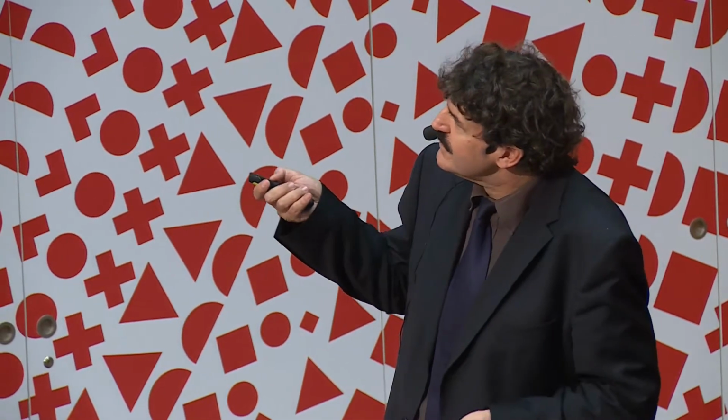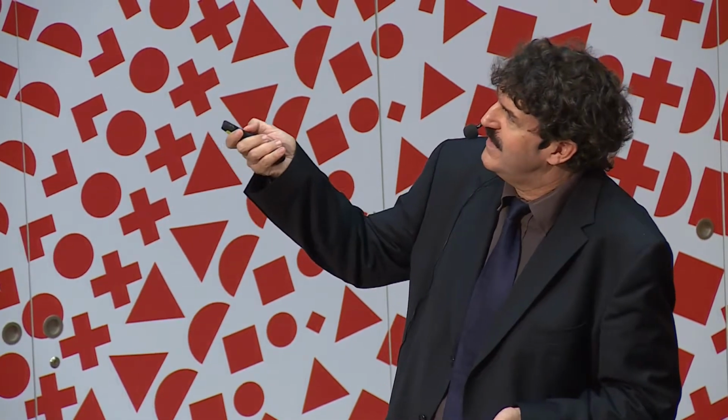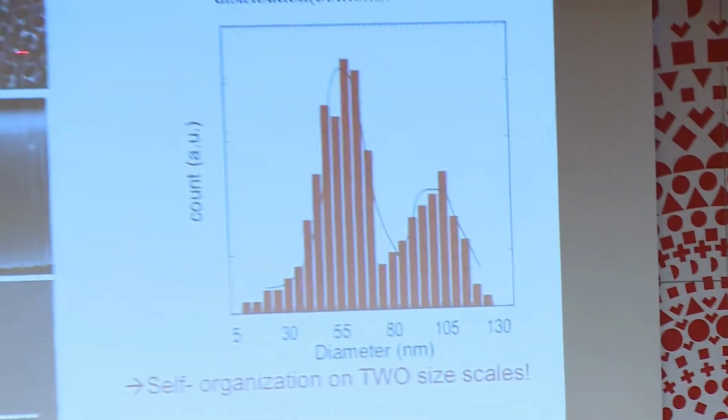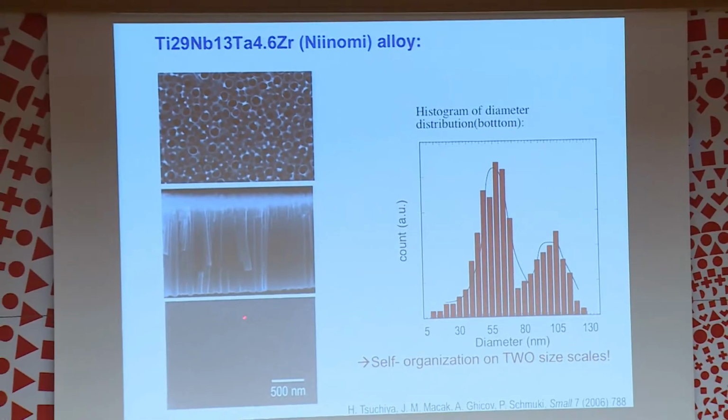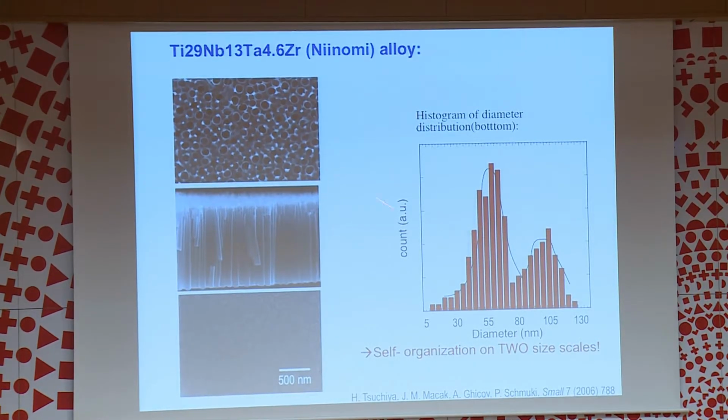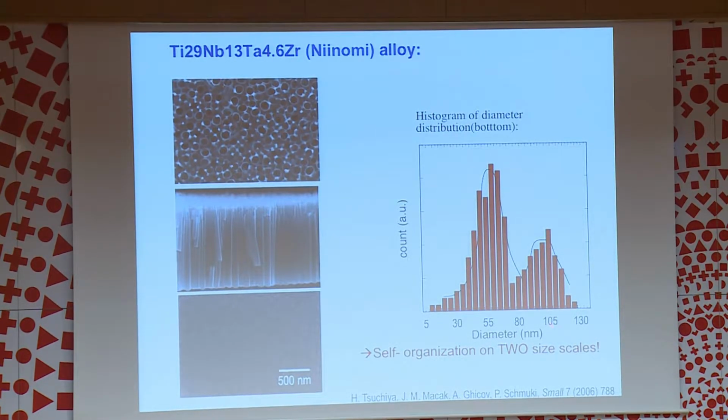On this quite complex alloy here, this Ninomi alloy that we got from Tohoku University, we could see that the nanotubes show essentially two distinct size distributions. So they have nanotubes that are something like 105 nanometer in diameter that are surrounded by 55 nanometer nanotube surfaces.